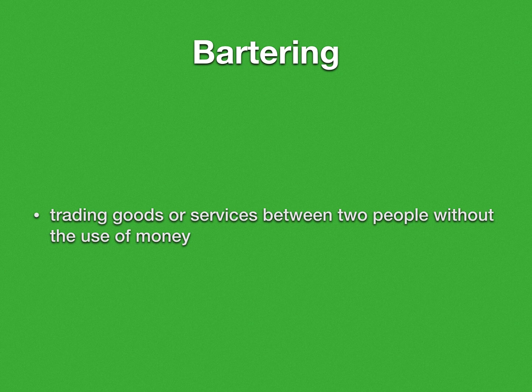So back to the example about trading your strawberry Jolly Rancher for the blue raspberry Jolly Rancher. That's what's called bartering, and it's where you're trading goods or services between two people without the use of money. So trade is you give somebody money and they give you a phone or a piece of clothing or food, or they fix your car for you.